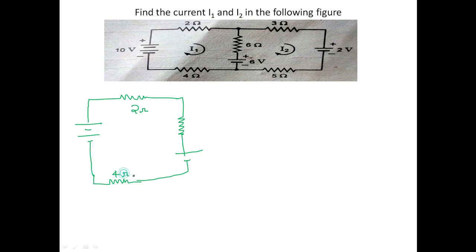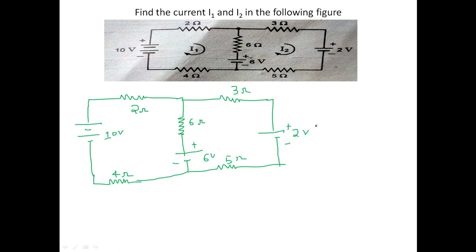This one is 4 ohm and this one is 6 volt. This is positive, this is negative, this is 10 volt and this is again 6 ohm. This is 3 ohm. This one is 2 volt and here is a 5 ohm resistor. This is 2 volt. So how can we solve it?